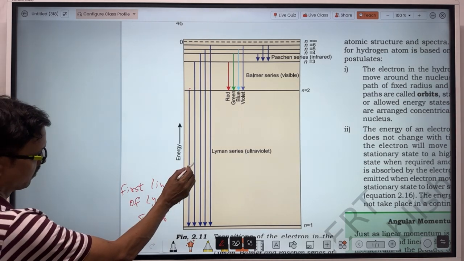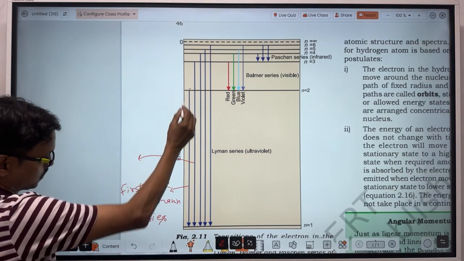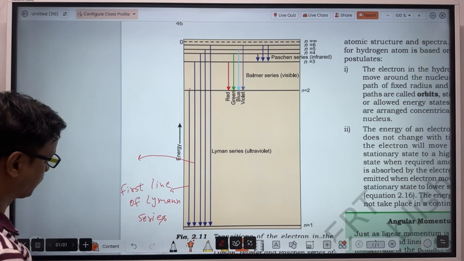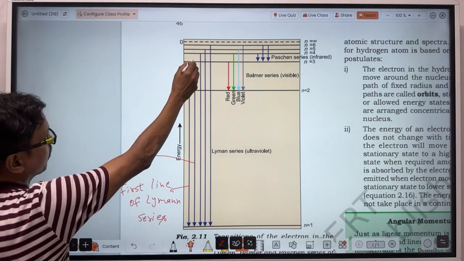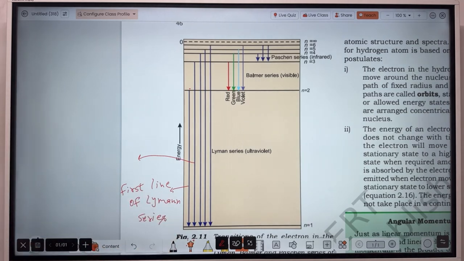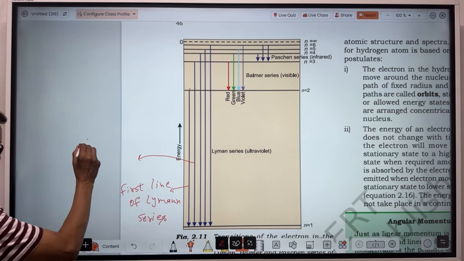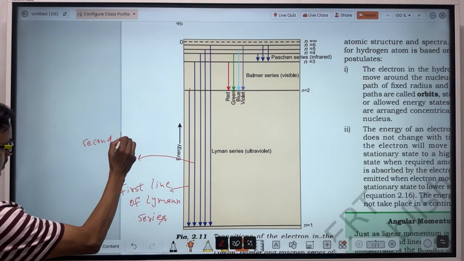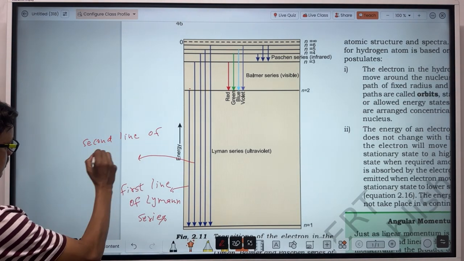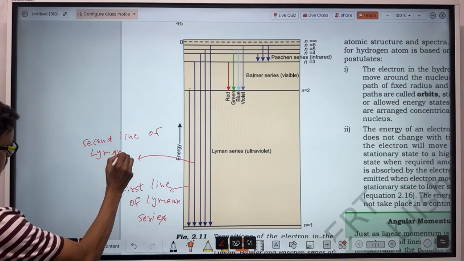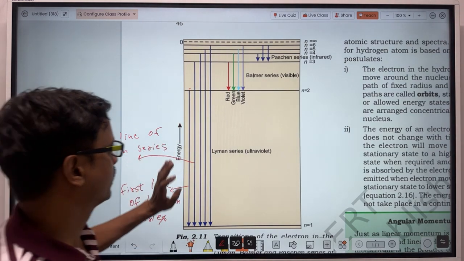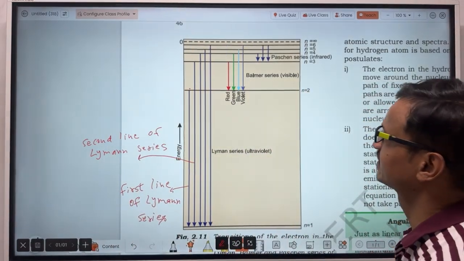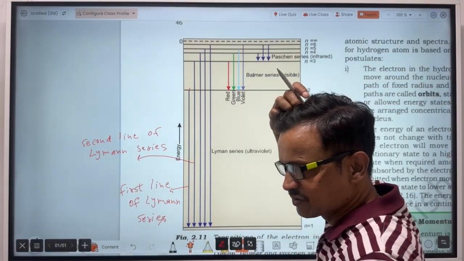In the same way, when the electron falls from n equal to 3 to n equal to 1, that will be called the second line of the Lyman series. In the same way, third line of the Lyman series, fourth line, fifth line, and so on.